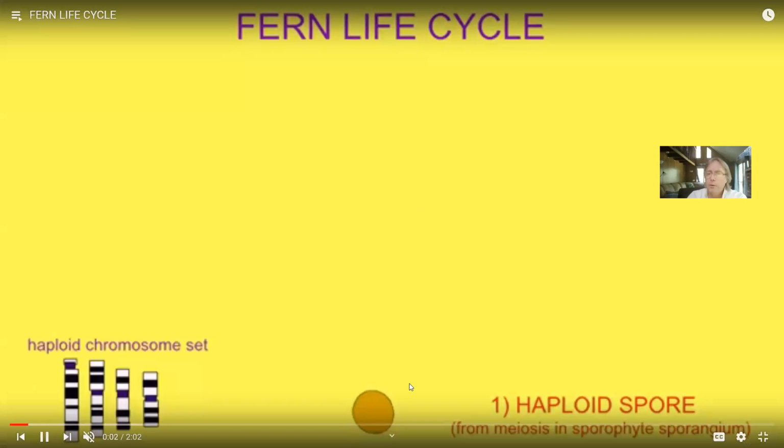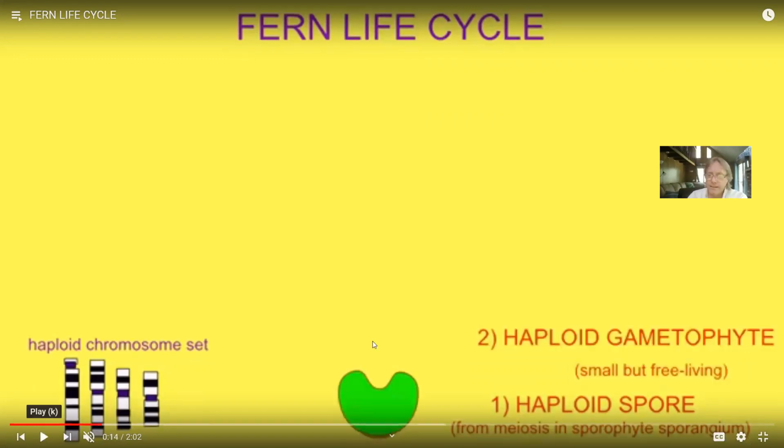In ferns, the haploid spore does grow into a haploid free-living individual, which is green and performs photosynthesis. It, however, is really small, and it is not the dominant phase of the life cycle. So even though the gametophyte and sporophyte are both free-living, the gametophyte is a minor portion of the life cycle.